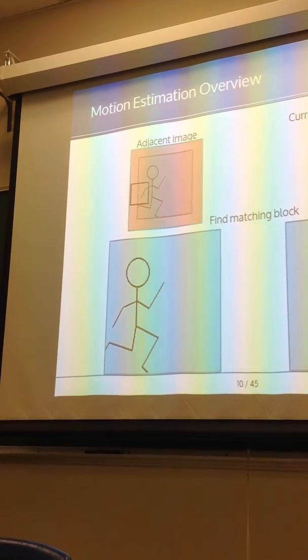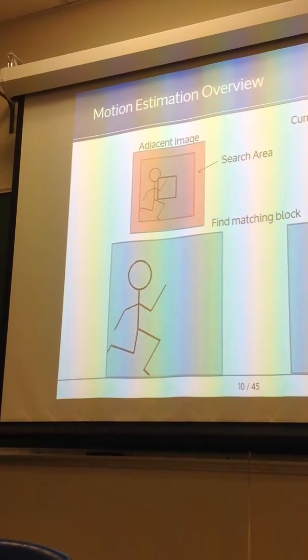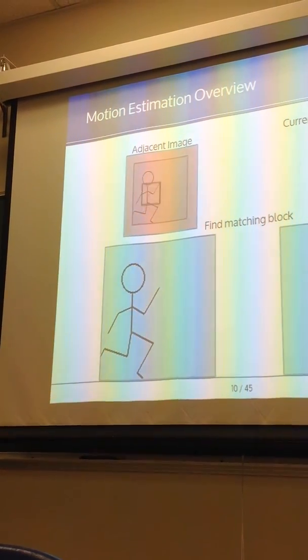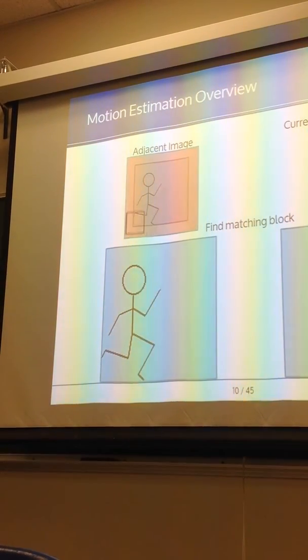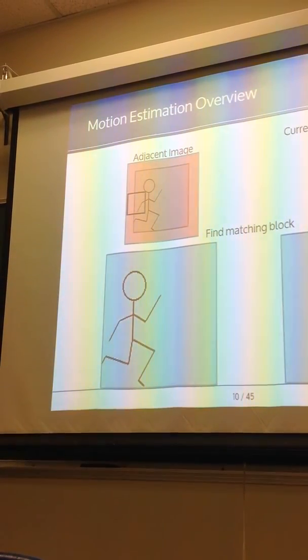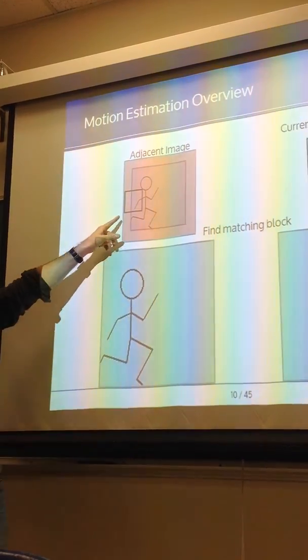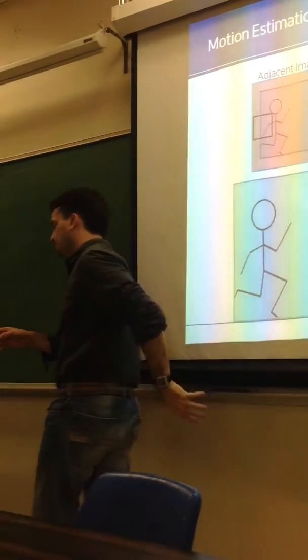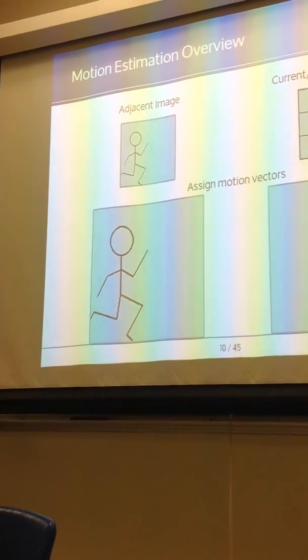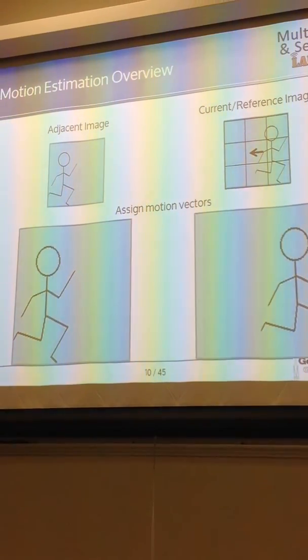There it is. Let's see it again. I'm doing a spiral search here, and I'm trying to find the matching block, and I stop right there, because this block here matches the guy's arm over here. And so now I have one motion vector.